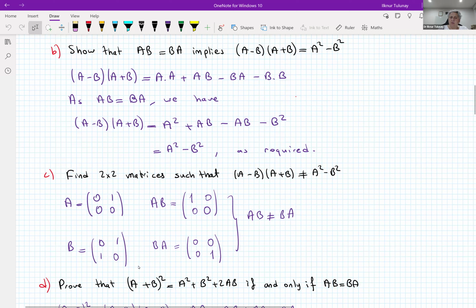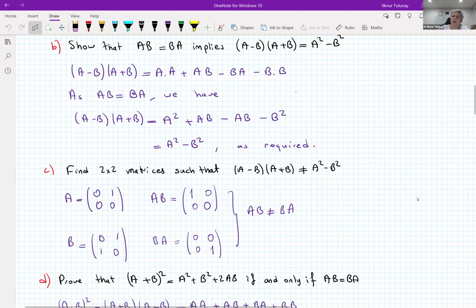If you multiply B with A, this row with this column will be 0, this row with this column will be 0, and this row with this column will be 0. This row with this column is 1, that is why I have 1 here. As we see, AB is different from BA, so they cannot satisfy this equality because of the BA part. I think this is clear.